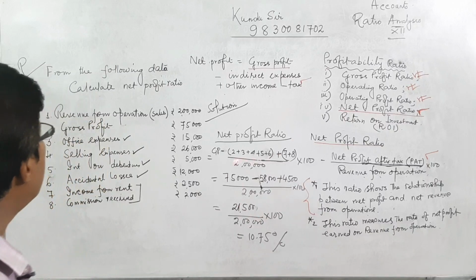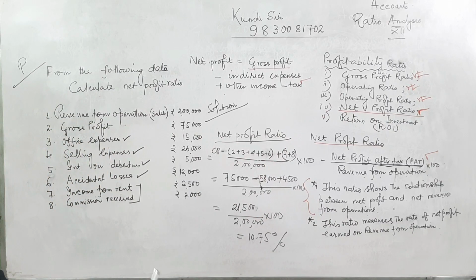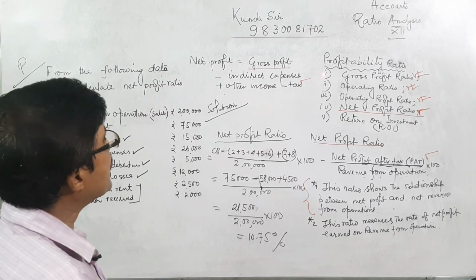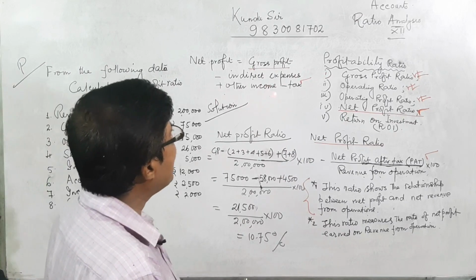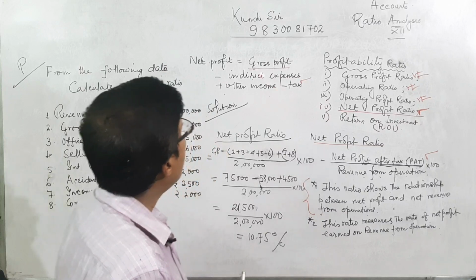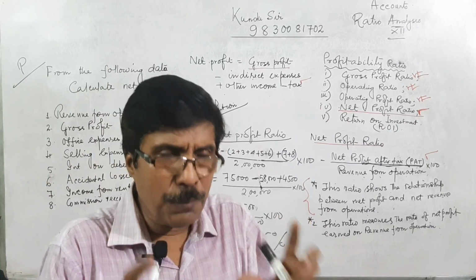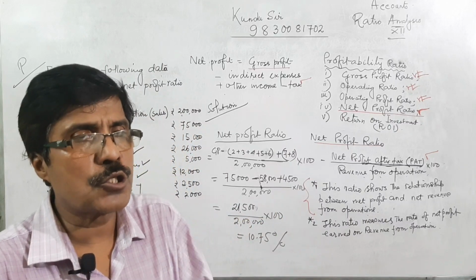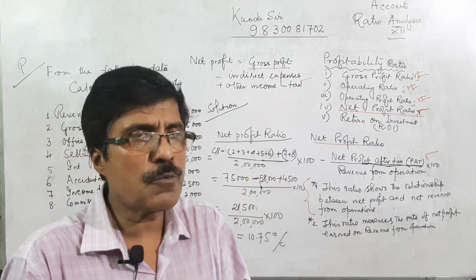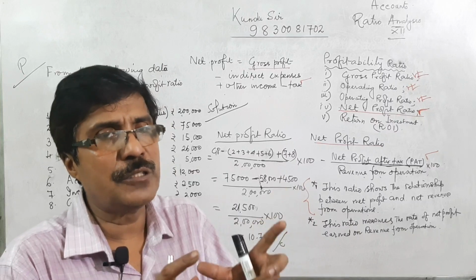So what is net profit? Net profit equals gross profit minus indirect expenses plus other income minus tax. What is gross profit? Gross profit equals revenue from operation minus cost of goods sold. Cost of goods sold is the direct cost for the operation.